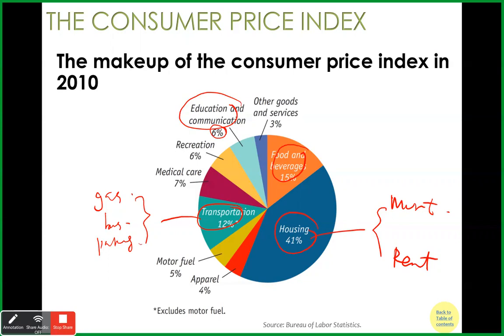For example, one very important thing is food and beverage. If you go to an extreme comparison, the United States versus some African country: in the United States, look at here, about 15% is spent on food and beverage. But for a poor country, this number can easily exceed 50%.